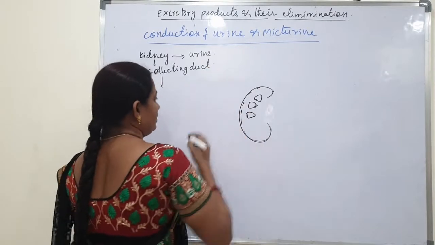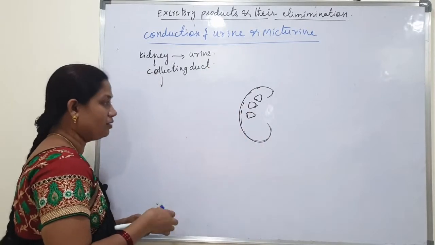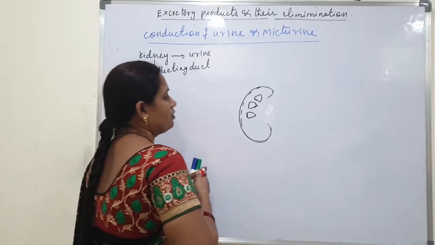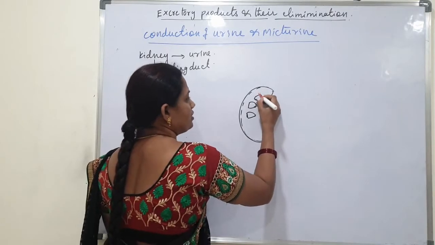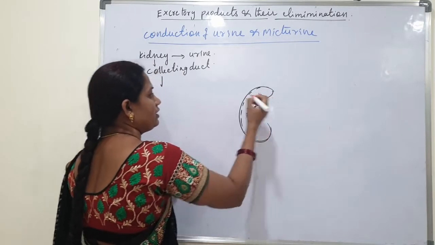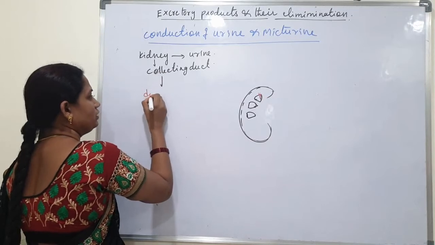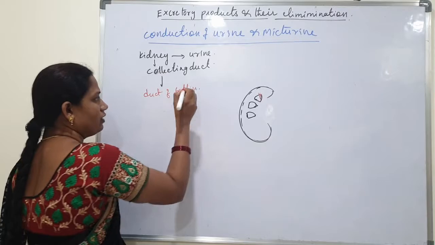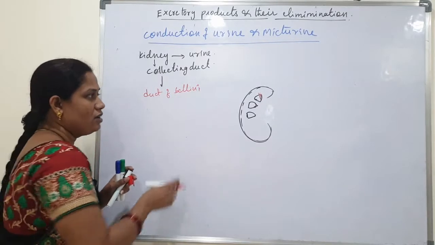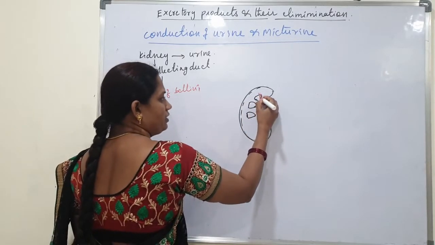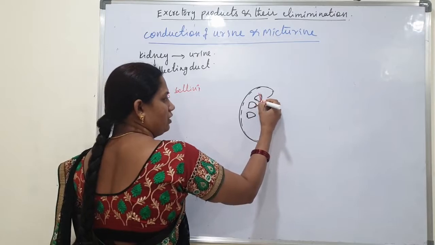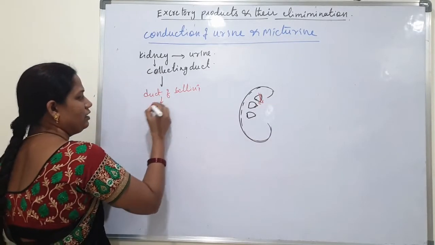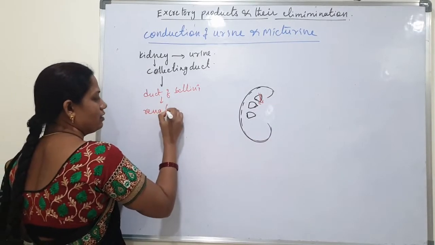In the renal pyramids, the collecting ducts join to form the duct of Bellini. These ducts of Bellini open into the renal calyces.